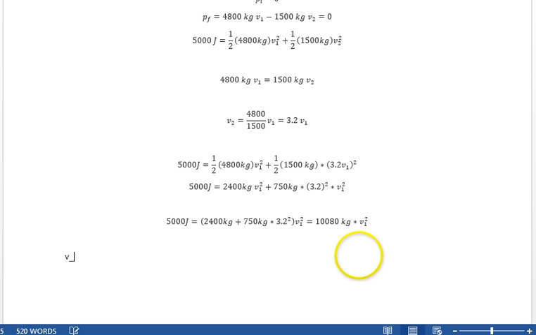So this tells us V1 equals the square root of 5,000 joules divided by 10,080 kilograms.